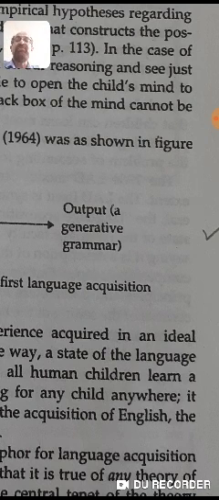To the left we have the input language, or primary linguistic data, and to the right is the grammar, consisting of principles, parameters, and lexicon, vocabulary. Lexicon means vocabulary. This is the whole thing that we have. So we put something in the mind of the baby, an infant, and the result is his or her ability to talk.